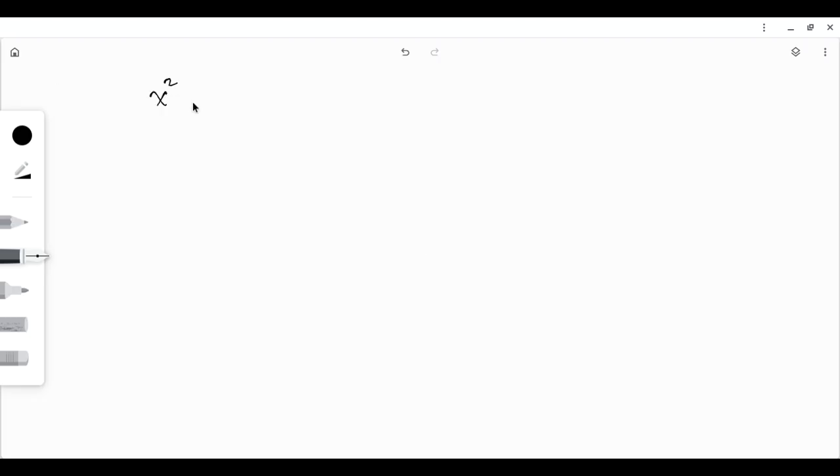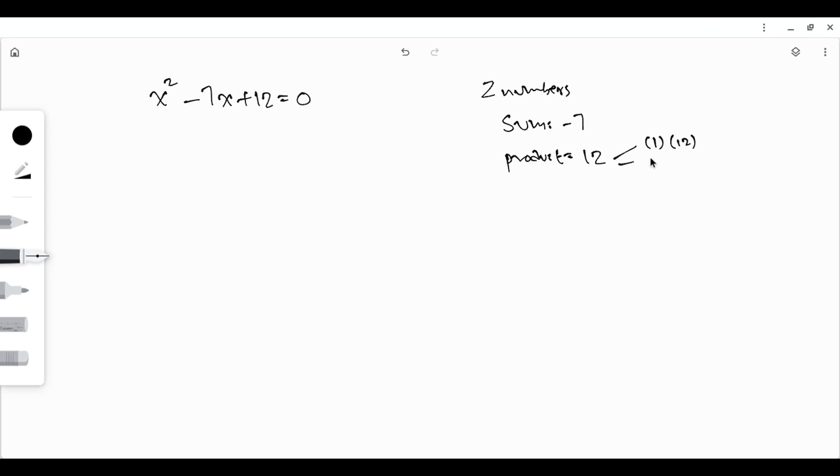Let's say I have x squared minus 7x plus 12 equals 0. So I'm finding two numbers such that their sum is negative 7 and their product is 12. Now it's easier to look at products because the only possible ways in which I can have a product of 12 is 1 times 12, 2 times 6, 3 times 4, and that's it.